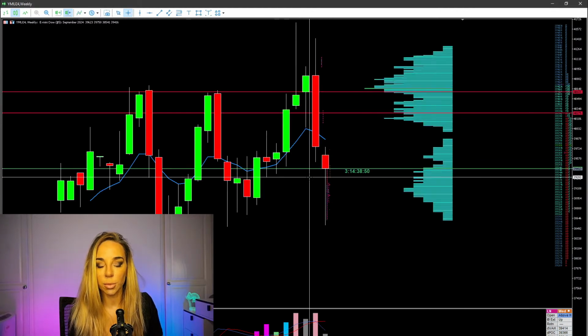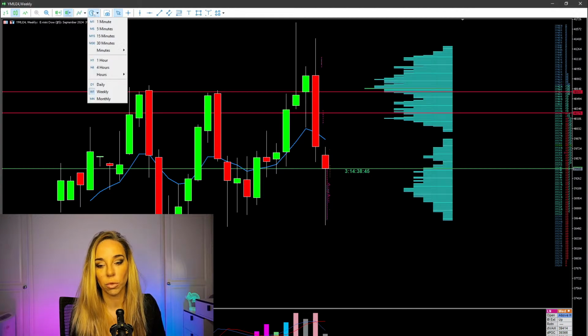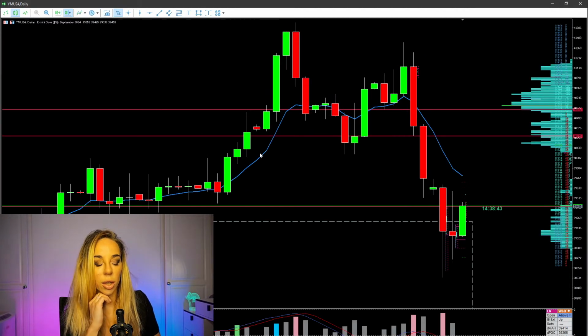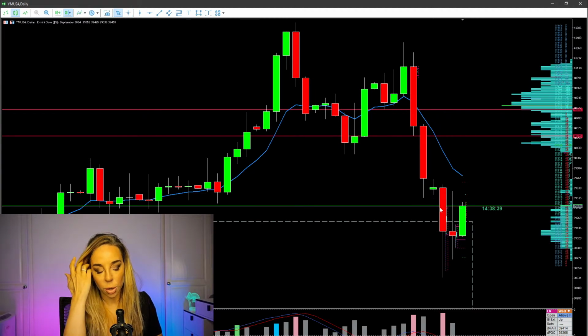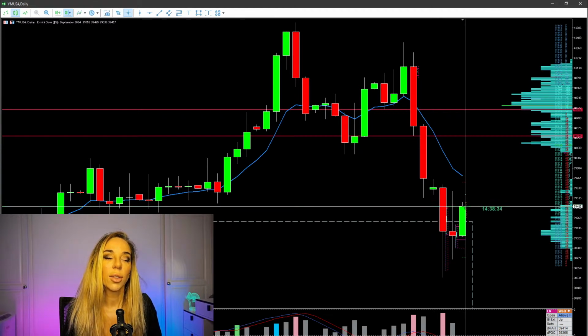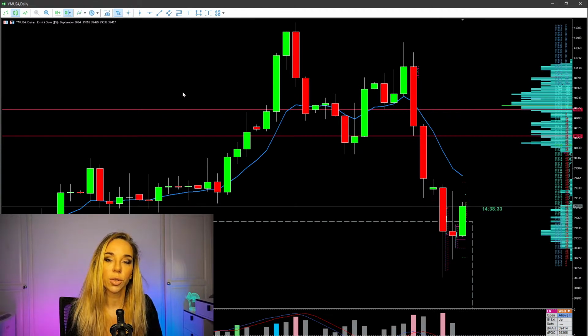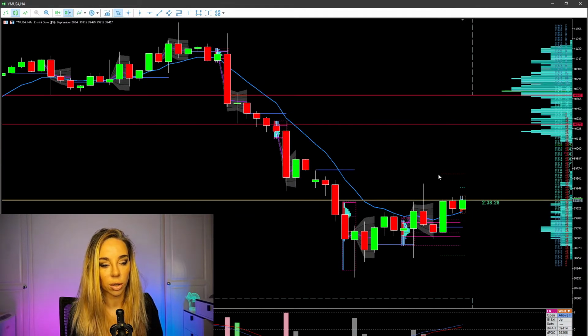Some pretty massive drop on the weekly chart. Let's have a look at the daily. It's attempting to bounce from the daily level, but it's so early in the day. Every time I see these London moves, they typically get completely derailed in the New York session, so I wouldn't put too much stock in them.